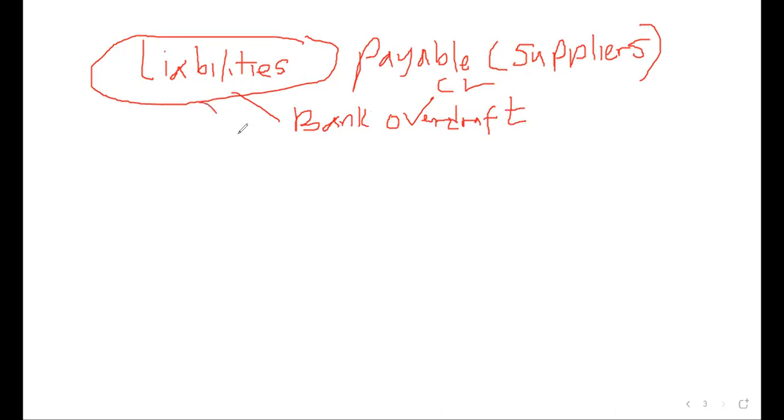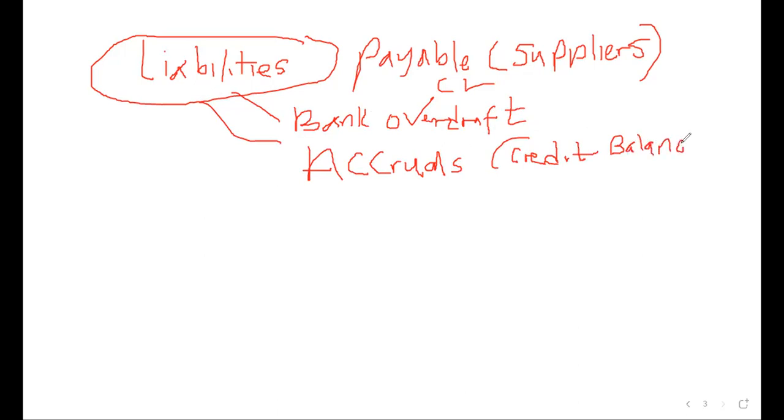We also have accruals, the benefits enjoyed, not yet paid for. So accruals have a credit balance. So here, these ones have a credit balance. Okay, so this is about what accounting is all about. Anything else we'll be able to understand as we go.